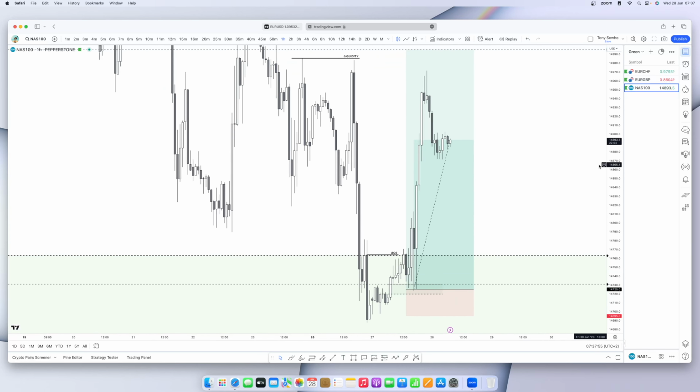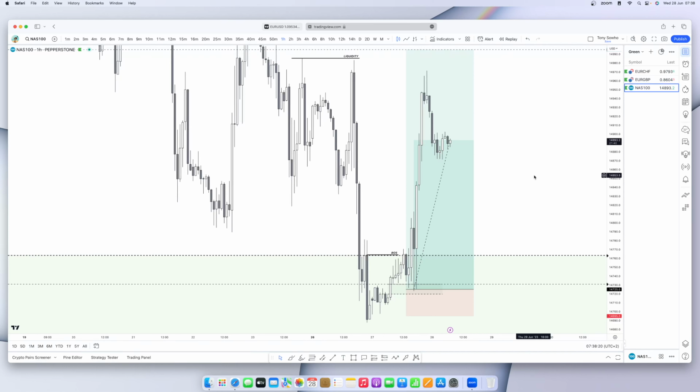Even with the least lot size, you are guaranteed $30 plus already. This is a sure guarantee of $30 and above with this trade, even with the lowest lot size possible. Then if you use a bigger lot size, depending on your account, you tend to make more.